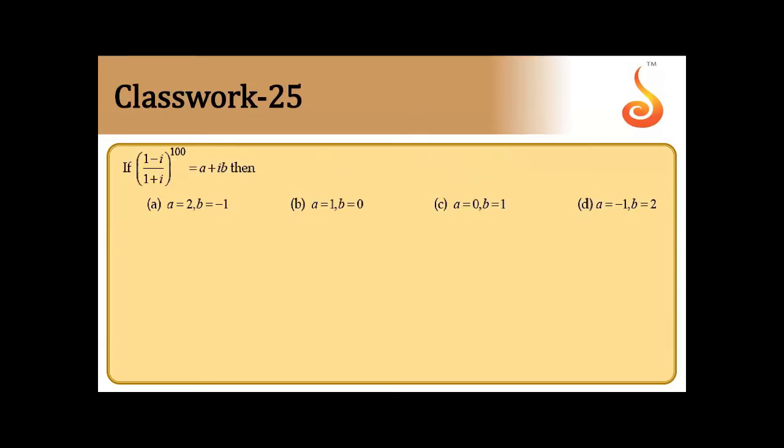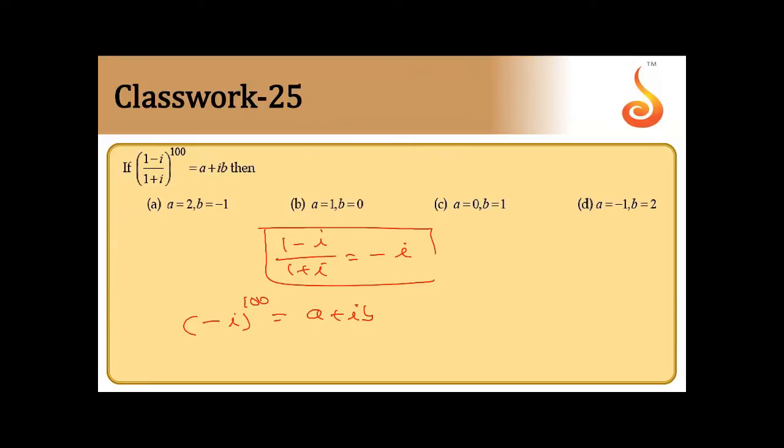Yes, 1 minus i by 1 plus i whole power 100 is a plus ib, then find the values of a and b. We have 1 minus i by 1 plus i value as minus i. Yesterday we were given that 1 minus i by 1 plus i is minus i. So minus i power 100 equals a plus ib. So i power 100 equals a plus ib.